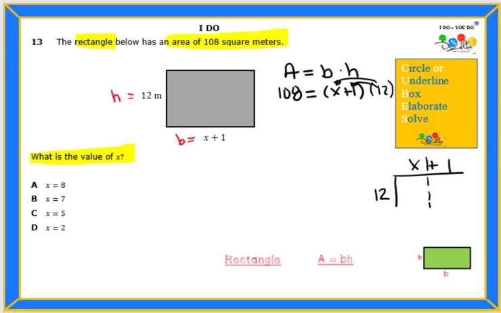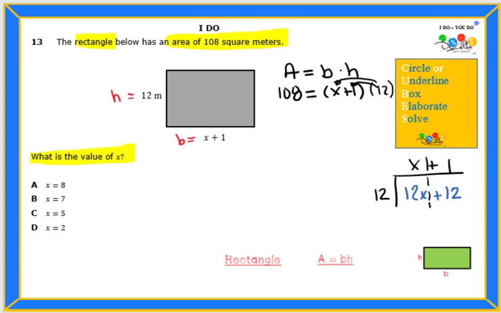We can look at it over here. I made a little table. So x plus 1 at the top and 12 on the side. So I want to multiply 12 times x. That would be 12x. And 12 times 1 is 12.